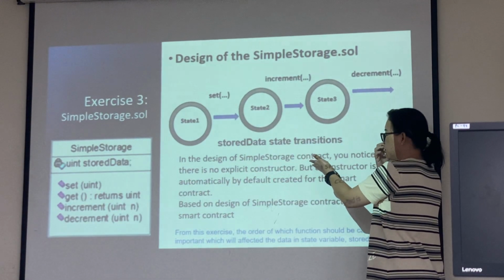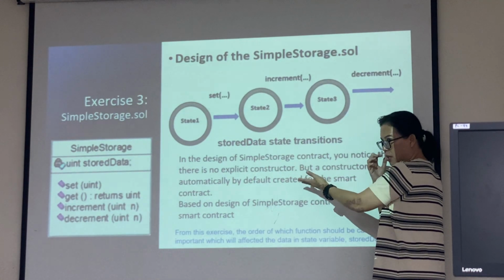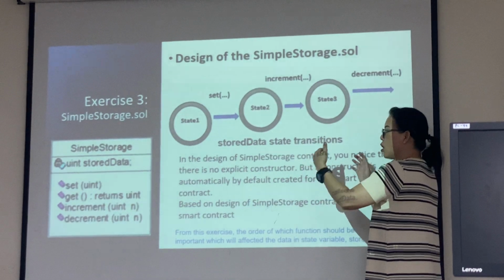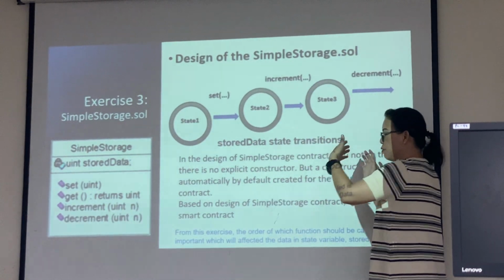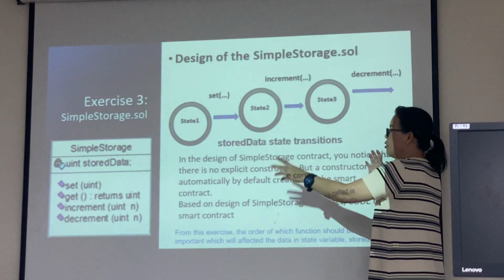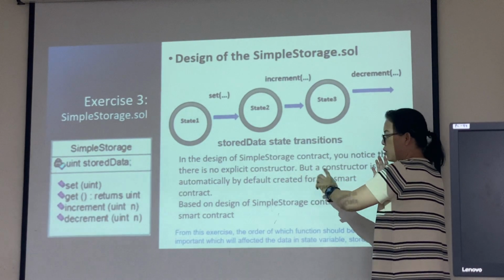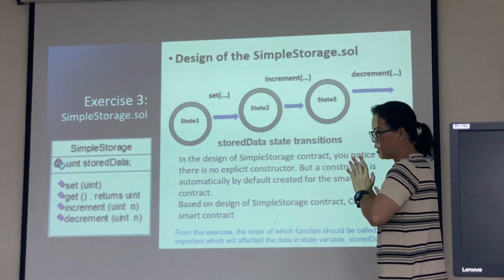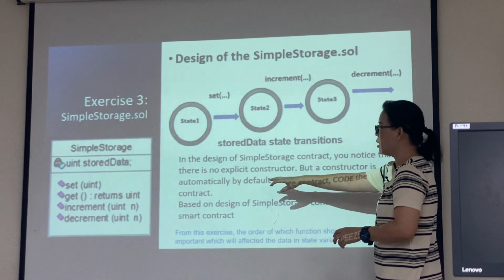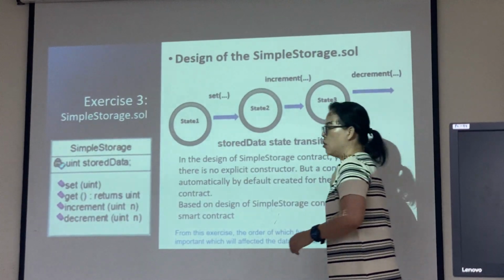Here I wanted to show you that you may not need to create an explicit constructor. In the previous exercise we created an explicit constructor because we wanted to initialize our default value hello world 1, 2, 3. From here we don't. So you no need to create a constructor because you did not do any initialization of a default value for that. Okay, but a constructor will be automatically created by default when you compile your contract.